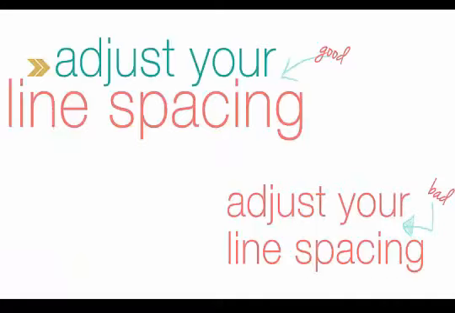We have already looked at this one also, and that's to adjust your line spacing. And you might not realize it, but we have looked at that, and I have told you to make sure that your words are on separate lines, and that's how you adjust your line spacing. You don't want the default area in between. You kind of want to think of it as a puzzle. And if you look at the first one, the adjust your is one line and the line spacing is another.